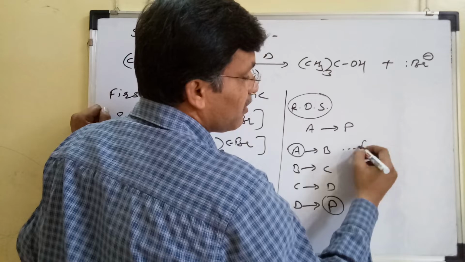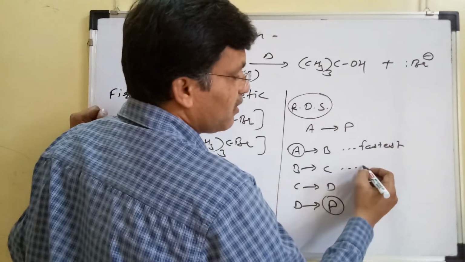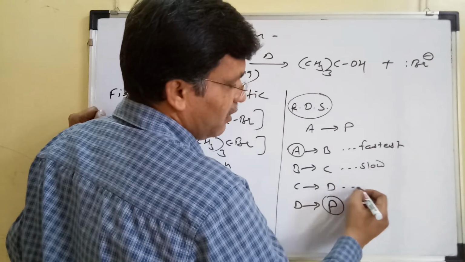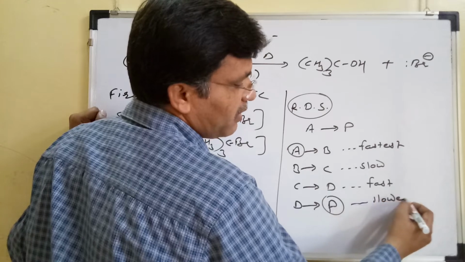Suppose this first step is the fastest step. The rate of this reaction is fast. This is suppose a slow reaction. This is suppose a fast reaction. This is suppose the slowest reaction.